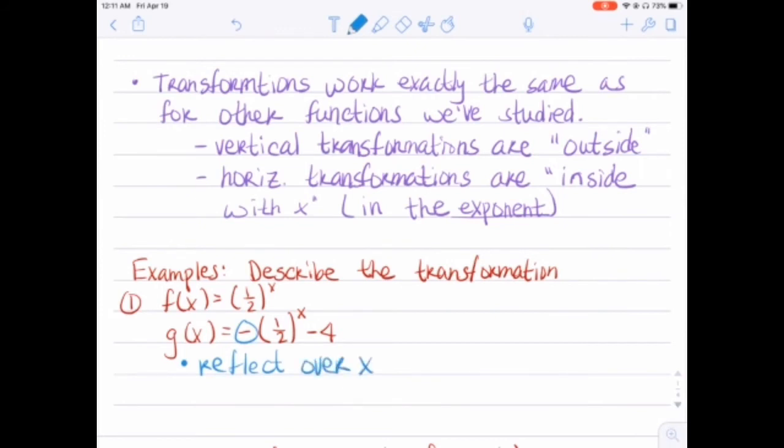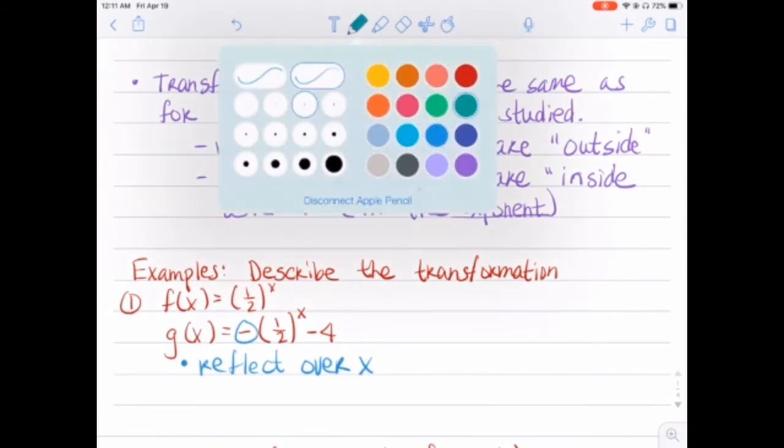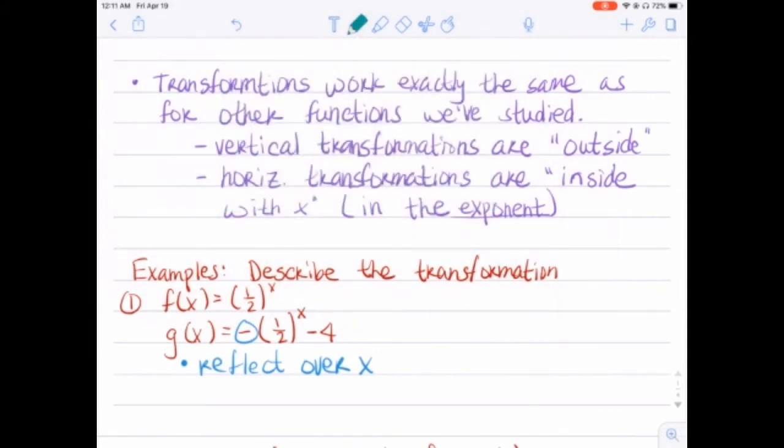So you could pause the video and look back at your glue-in if you need to get a little more information about that. But it is a reflection over x. The next thing that I see that's different between the original and transformed functions is this minus 4. Again, on the outside. So this is going to affect vertical, and because it's negative, it's going to go down by 4.